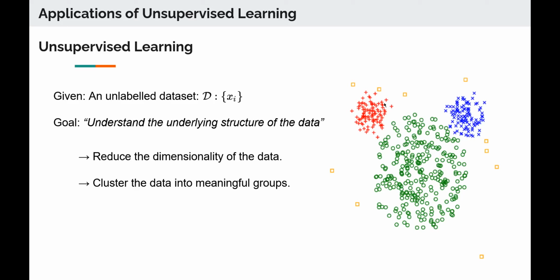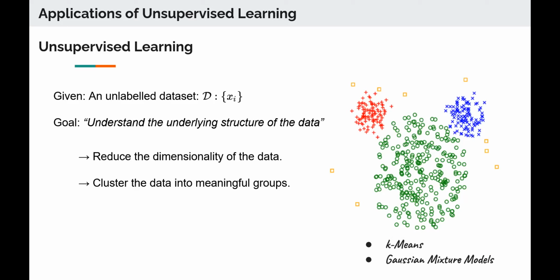If we are able to say that all these points belong to one cluster that is different from these points, which are another cluster, then we have already done an unsupervised classification task without having any knowledge of what was the label of this point versus this point. Just based on unsupervised clustering, we were able to do this classification.